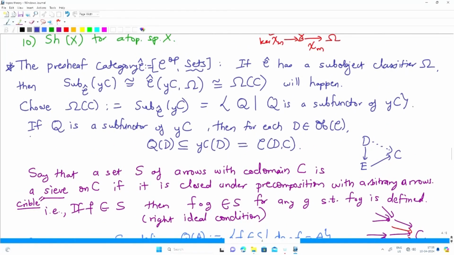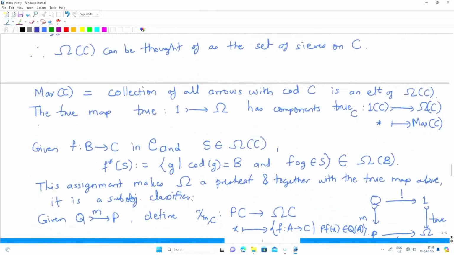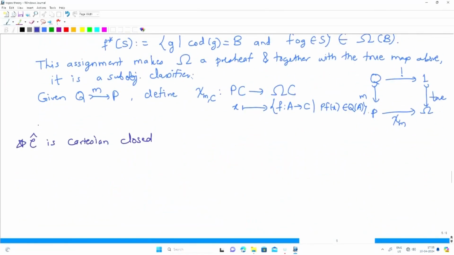If at all it has a subobject classifier, then what it should be was already presented to us thanks to Yoneda lemma. And in a similar spirit, if at all this category has exponentials, then that will be presented to us on a platter by using Yoneda lemma and appropriate adjunctions. So C hat is Cartesian closed.